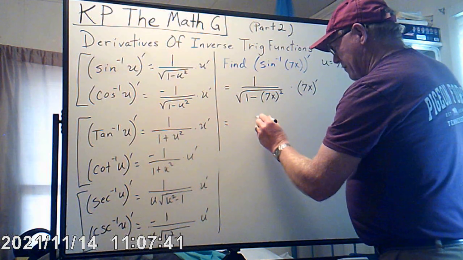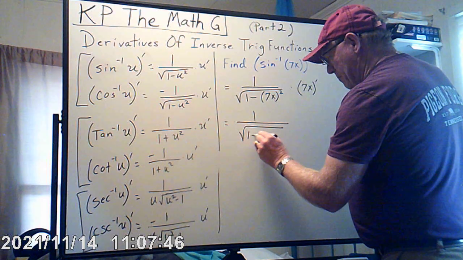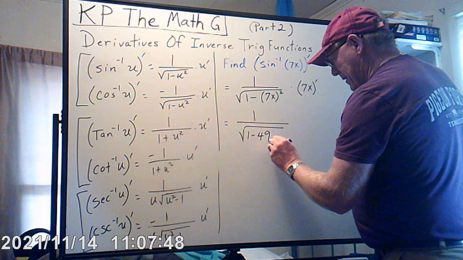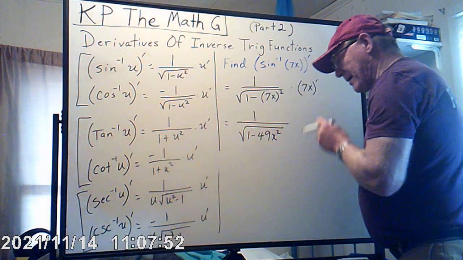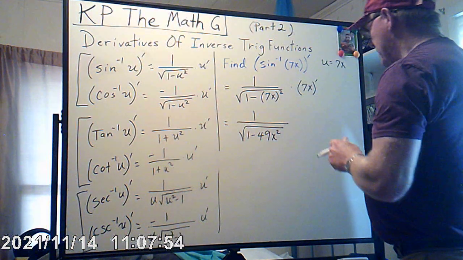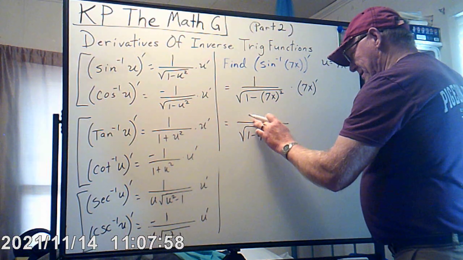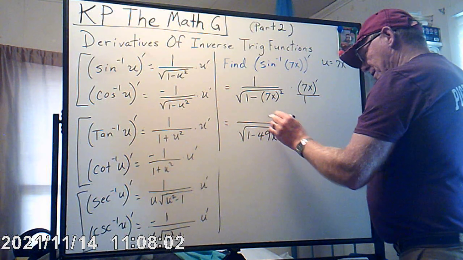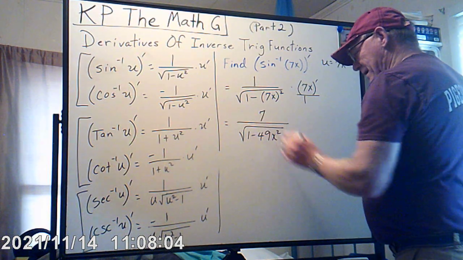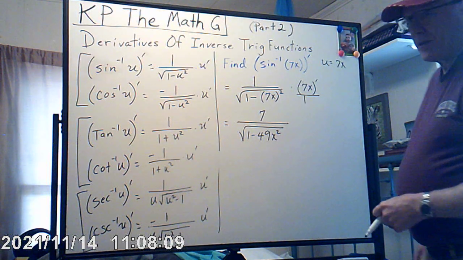That's equal to 1 over the square root of 1 minus 49x squared, and just leave that like that. That's good enough. The derivative of 7x is just 7, so I'm just going to put the 7 in. This is in the numerator anyway, so this is just 7 up here, and that's it. That's how you do it.